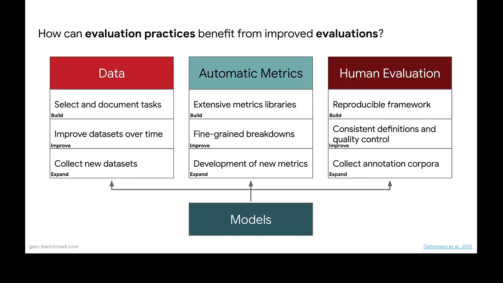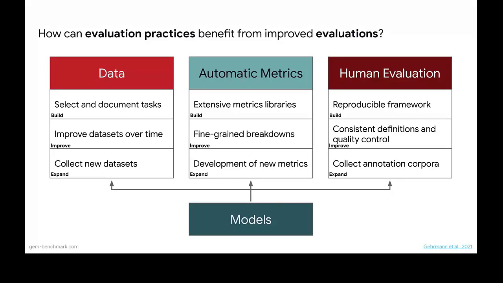On the third axis, the human evaluation, what if we had a reproducible framework that was compatible with our different task types, that uses consistent definitions, quality controls, and so on, without everyone who wants to do a human evaluation having to create an interface from scratch, which is another aspect that we're working hard on.